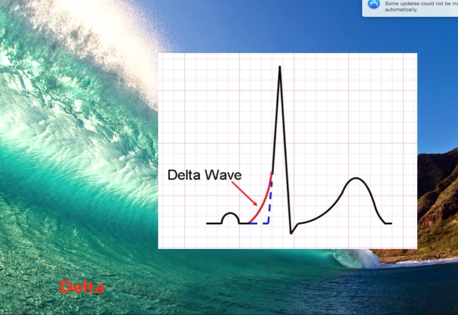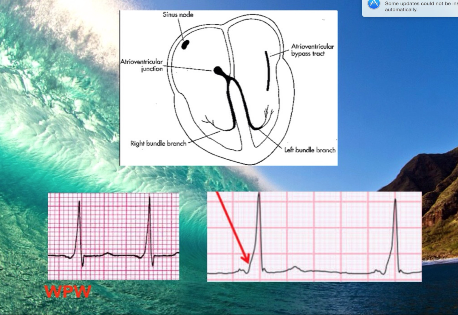Here's the delta wave. We've got the short PR interval, that upsloping wave that we remember, and we think about WPW with this picture. WPW is basically when you have an extra AV tract out here, the bundle of Kent typically, and you can bypass the AV node.